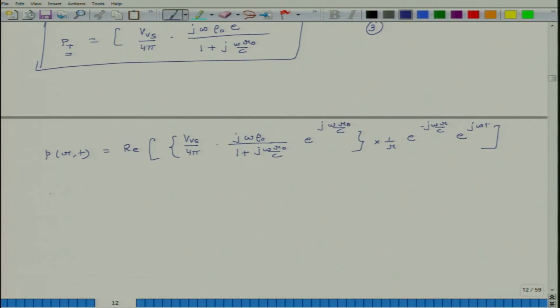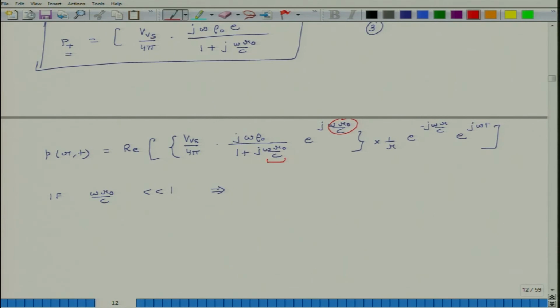Now, if omega r naught divided by c is very small compared to 1, what does that mean? We are looking at this term, and here also the same term omega r naught divided by c is appearing, and here it is being added to 1.